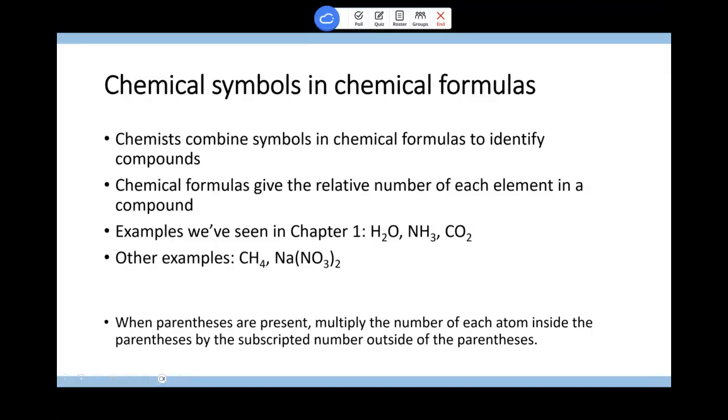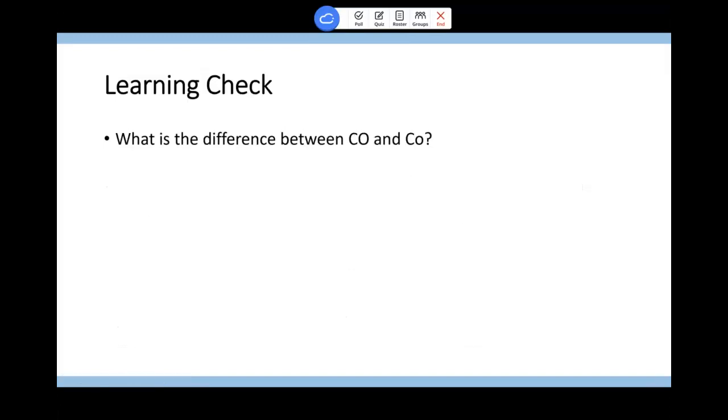Okay. Questions so far? Well, I have a question for you. What's the difference between CO, where both letters are capitalized, and Co, where only the C is capitalized? I'll give you all a second to identify what each of these are.